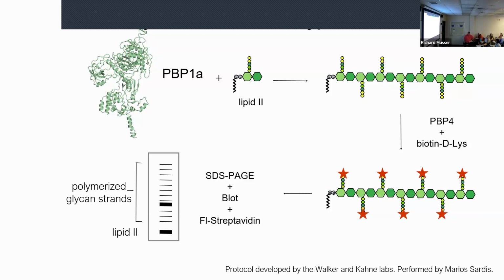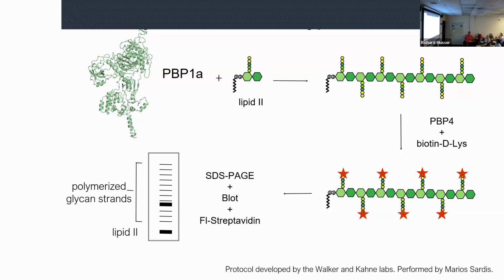Once those glycan strands are polymerized, we use an enzyme to label them with biotin, run them out on an SDS page gel to separate the different lengths of strands, and then stain it with fluorescently labeled streptavidin that binds to the biotin. This allows us to visualize the glycan strands on the gel and both quantify the amount and see the distribution of length.